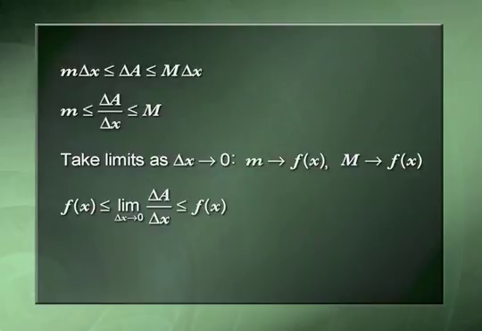Hence, the thing in the middle equals f of x. Well, who's that thing in the middle? That's the definition of derivative. That's the derivative of a with respect to x, or a prime of x. That's the definition of derivative. So what do we have? We have a prime of x equals f of x.